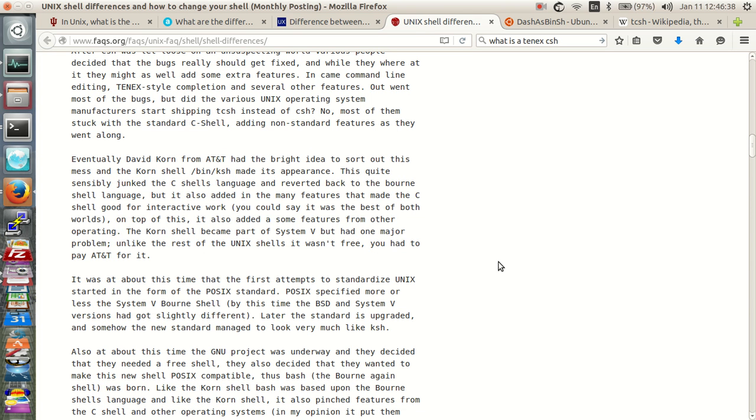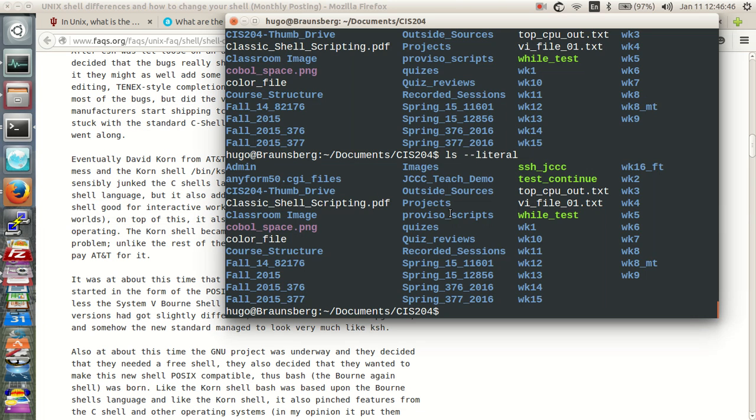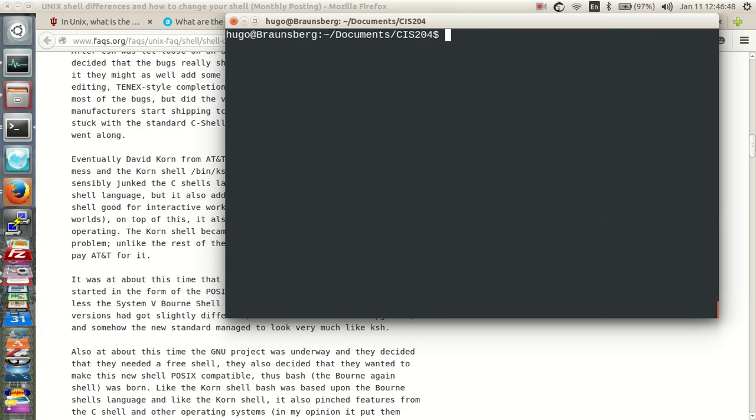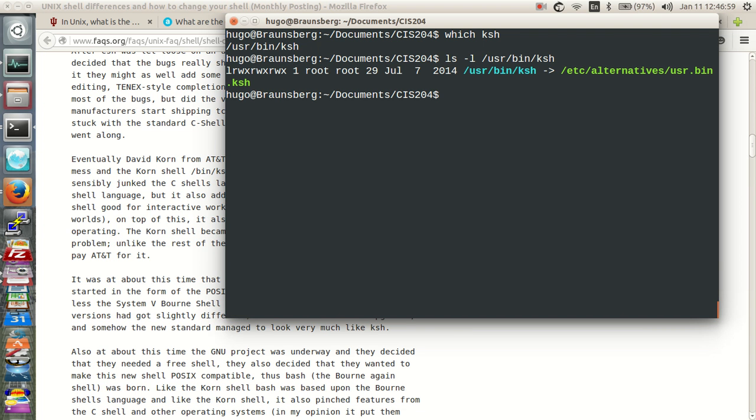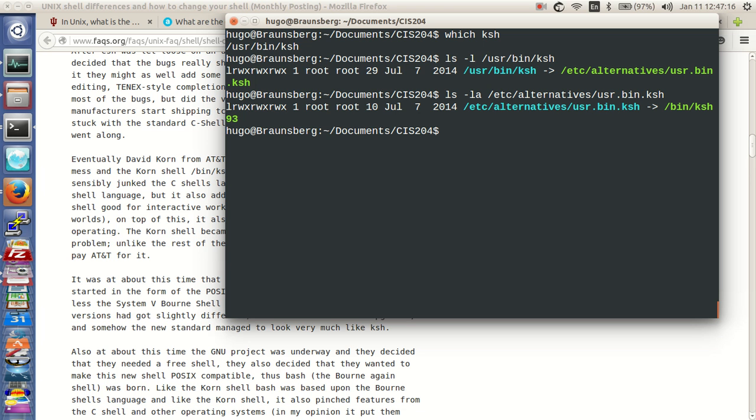Now, the K shell that I have, if I remember correctly, let's clean this up. Which ksh? Because I do have a K shell running around here. ls -l /usr/bin/ksh. /etc/alternatives/ksh. ls -la /etc/alternatives/ksh. /bin/ksh, that's where it points.